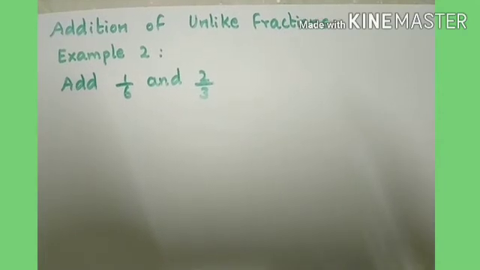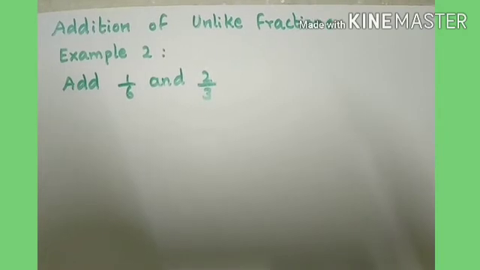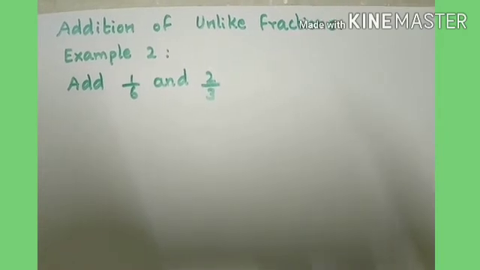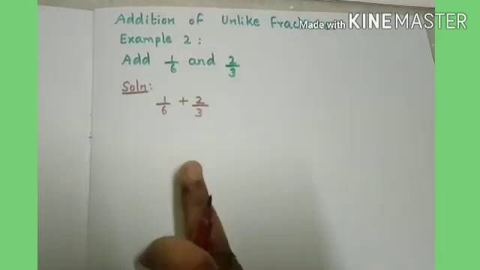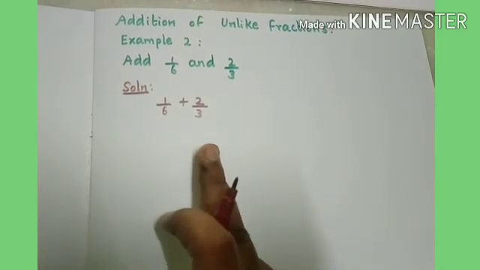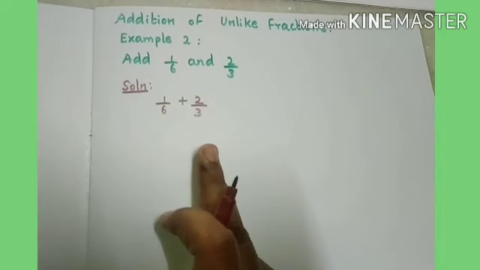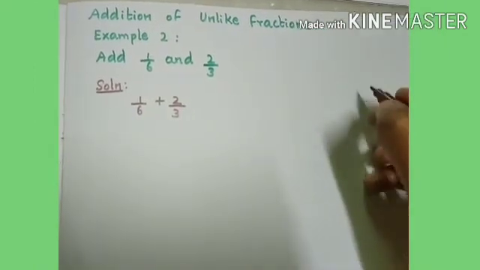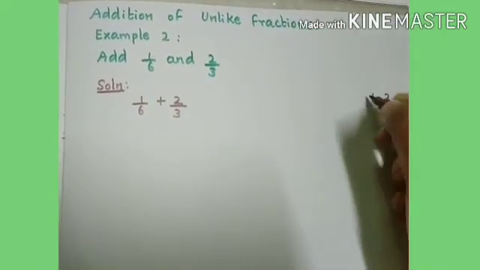Addition of unlike fractions. Example 2. Add 1 by 6 and 2 by 3. First we have to find the LCM for the denominators 6 and 3. Let's find the LCM for 6 and 3.